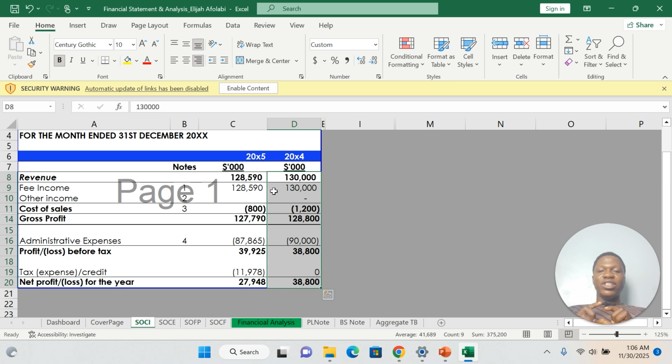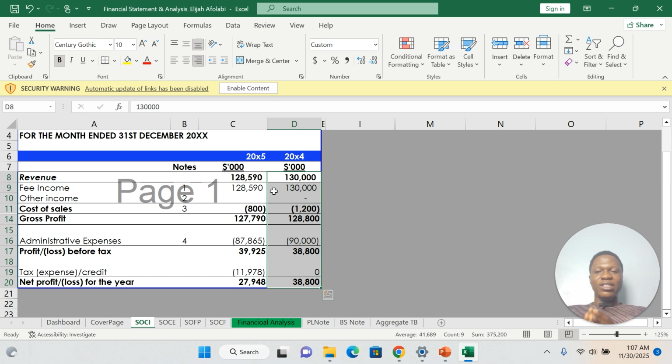Usually financial statements are prepared comparatively, meaning you have the current year figures versus the previous year figures. This is important for the purpose of comparative analysis. You are able to, at a glance, check your performance in the current period against the previous period.